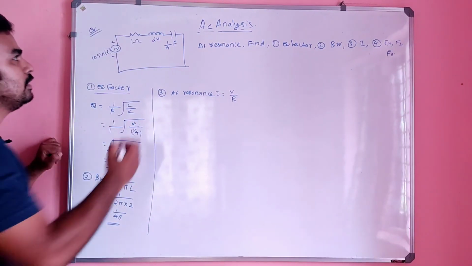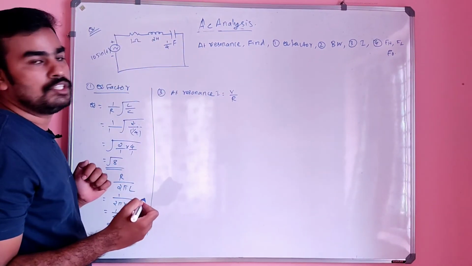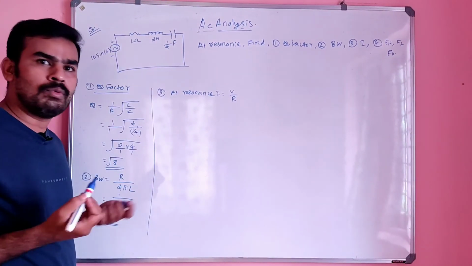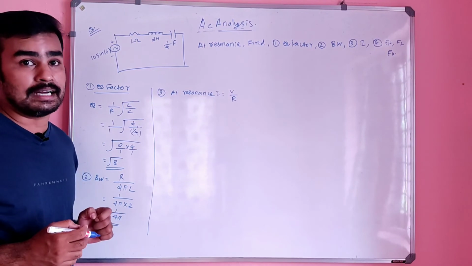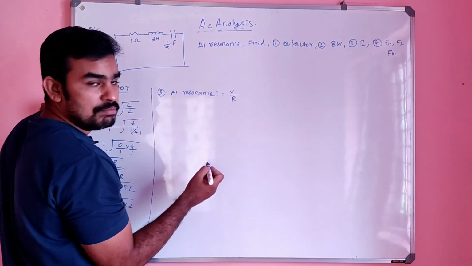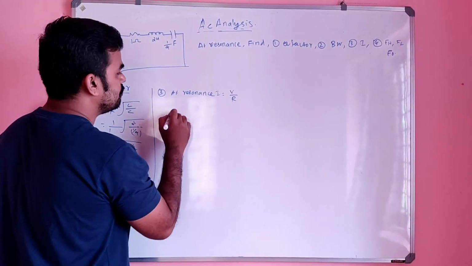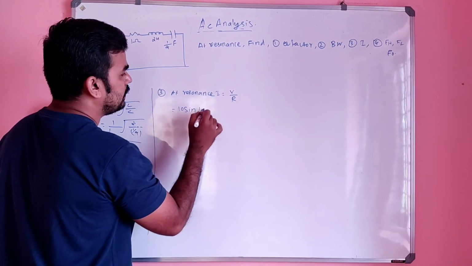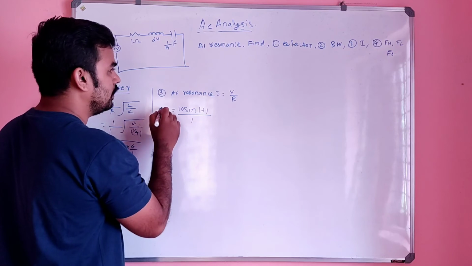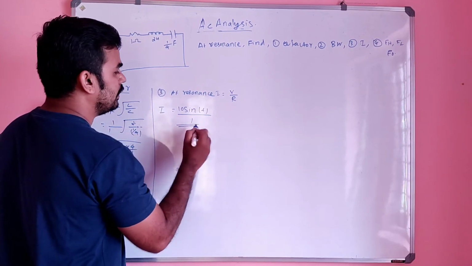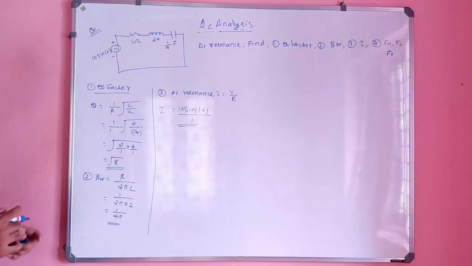At resonant condition, XL will be equal to XC, so that I will be simply V by R, because Z will be simply equal to R at resonance. So it will be 10 sin t divided by R, which is 1. So 10 sin t is the I.